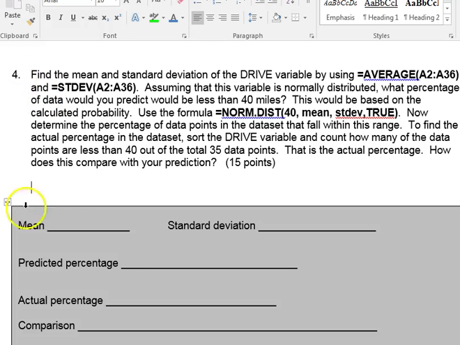And so in question 4, we want to list that mean and standard deviation, and then we're going to find the predicted percentage that drive less than 40 miles into school. And then we'll end up by finding the actual percentage from our sample that drive less than 40 miles. So the predicted percentage, we can use the fact that we have a normal distribution to find the percent of data that would be at 40 or even further to the left, further less than 40.